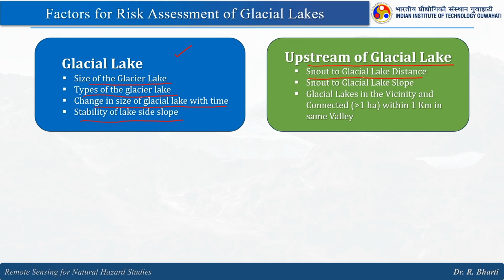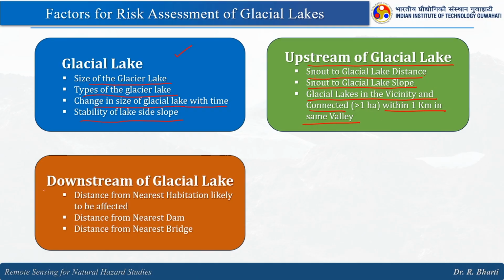The snout to glacial lake distance, the snout to glacial lake slope, and glacial lakes in the vicinity connected within 1 kilometer in the same valley. So, how many glacial lakes are connected? How many glaciers are feeding a particular lake? These things are very, very important.